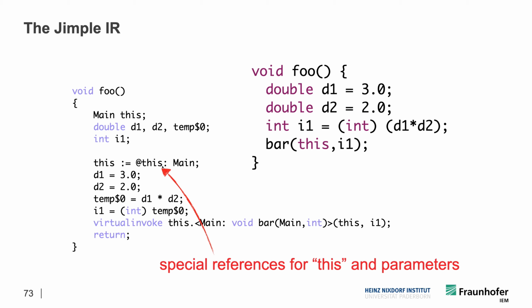Later on, when we are calling a method on this, like you see here, this is done using that particular variable. So that's what I meant earlier: everything that's happening in Jimple is happening explicitly on these local variables. And just the same here, this is just a local variable that has been initialized appropriately, and this method is being called on this object.